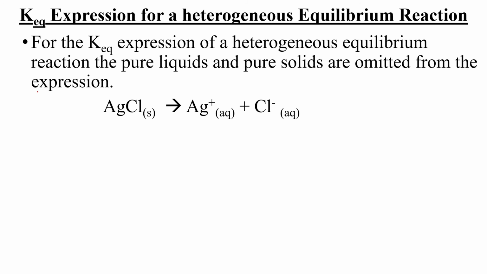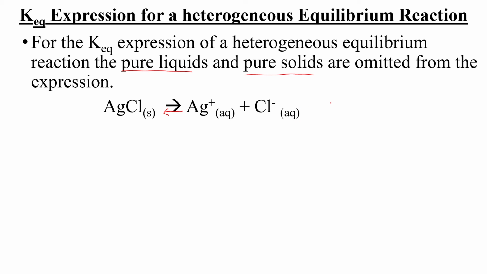When we write the K equilibrium expression for a heterogeneous equilibrium reaction, we omit pure liquids and pure solids from the expression. If you remember the precipitation reaction topic, silver chloride is water insoluble, and this water-insoluble salt gives us some ions in the reaction mixture.